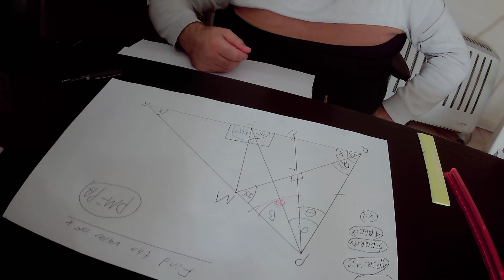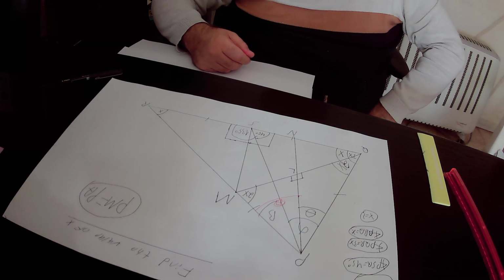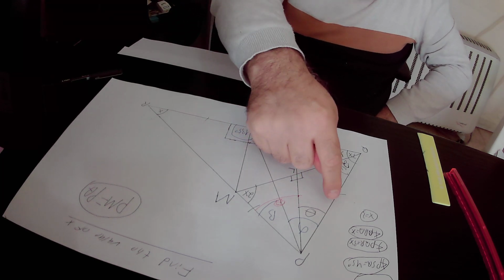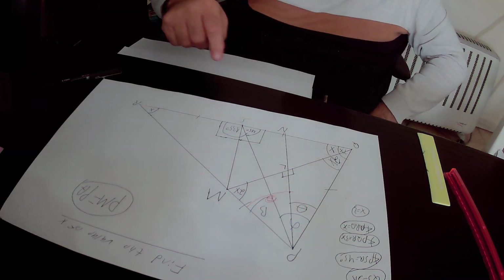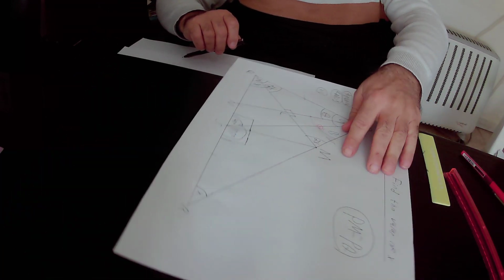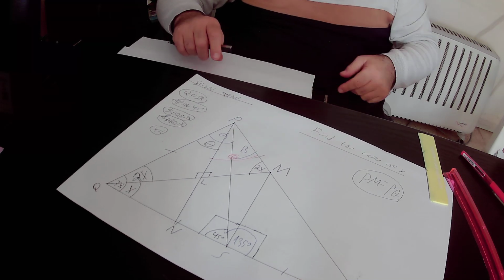And you can see from the drawing that theta plus theta, which is actually this angle, equals alpha plus beta. Theta plus theta equals alpha plus beta.